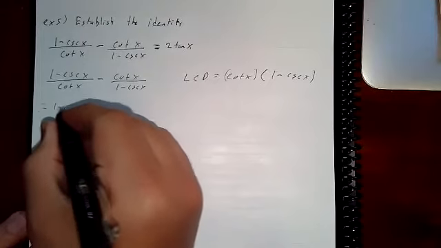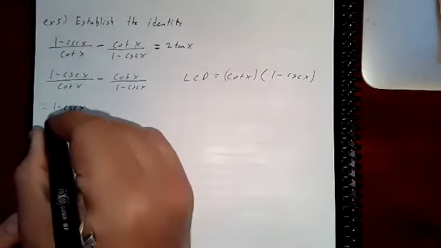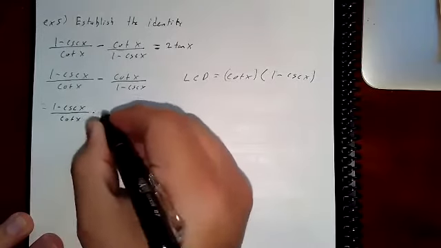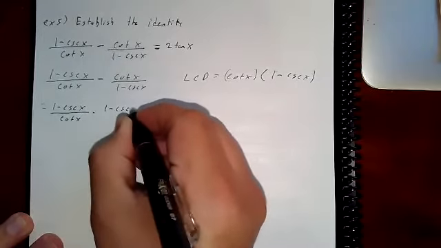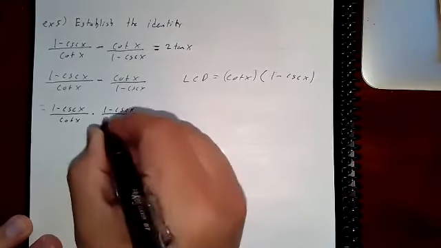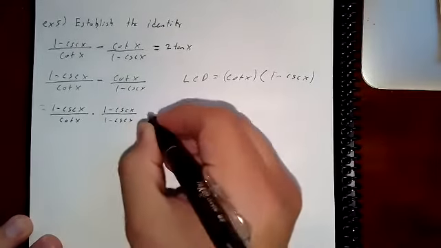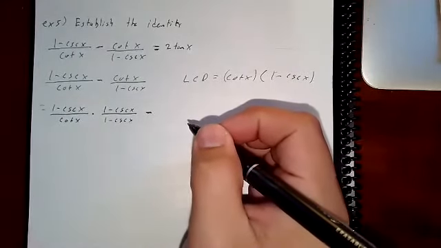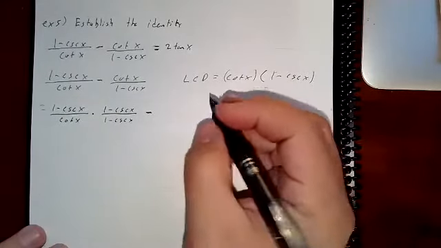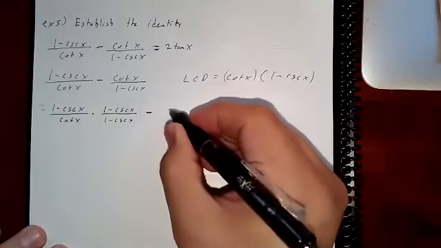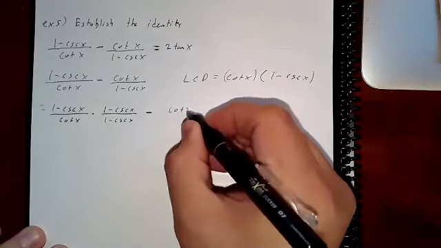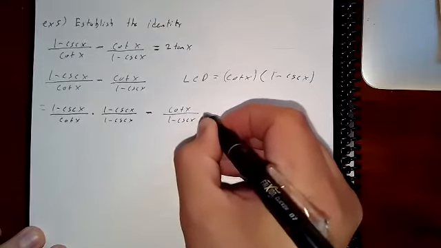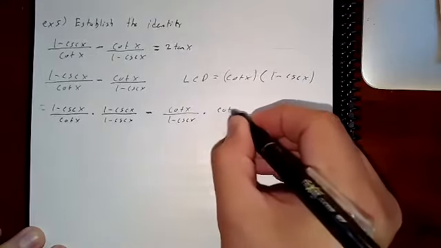So here we go. 1 minus cosecant x over cotangent x times 1 minus cosecant over 1 minus cosecant, minus cotangent over 1 minus cosecant, so multiply by what it's missing, which is cotangent.